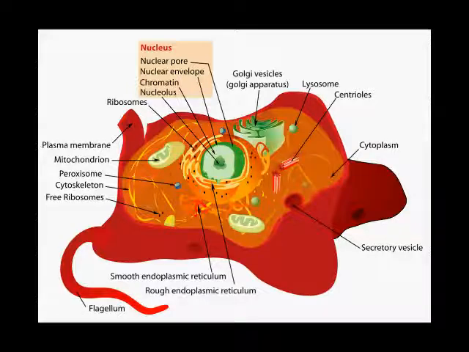Eukaryotic cells have lots of complex internal structures. The defining feature of a eukaryotic cell is the nucleus, shown here in green. The nucleus is bordered by a double membrane that we call the nuclear envelope.